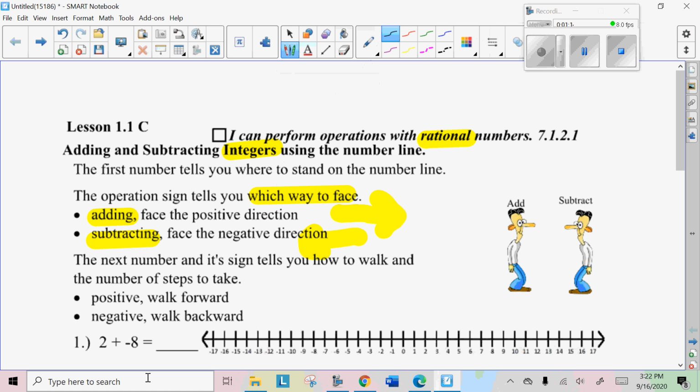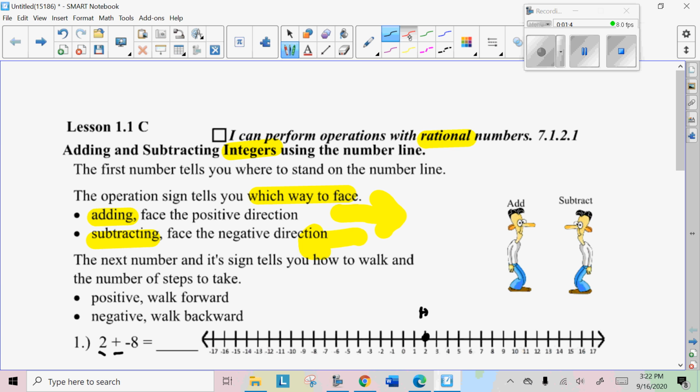So we're going to start at 2. Okay, and then it says plus, which means we're going to face this way. So 2 plus -8. Negative means we're going to walk backwards, and the 8 means we're going to take 8 steps that way.